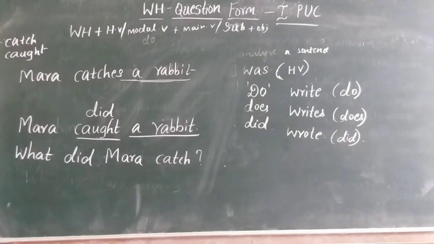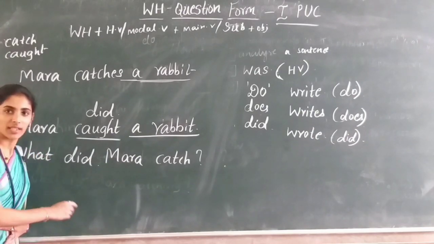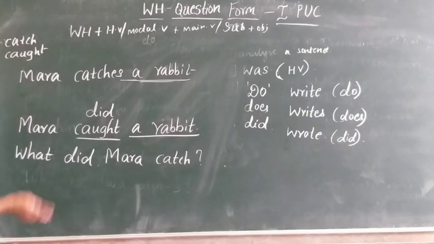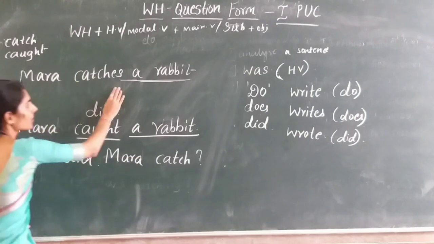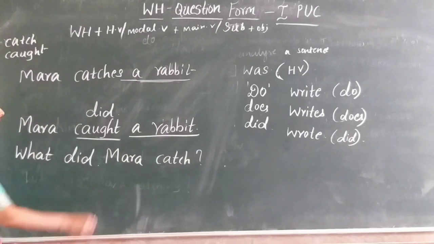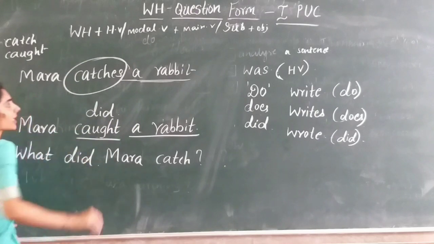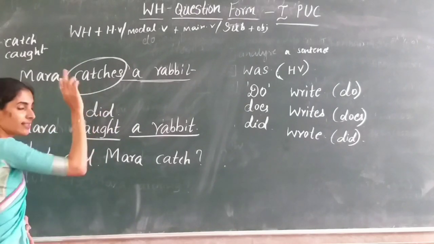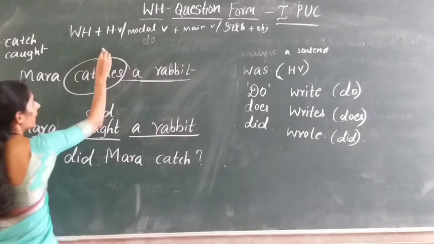Mara catches a rabbit. So this is how you need to practice. Take a sentence, then change them into different tenses and then frame questions. That's how we learn. So now Mara catches a rabbit. There is no helping verb or modal verb and we have to identify the main verb here. So which is the main verb here? And that is catches. So as I said, when we add yes to the main verb, then it takes does.